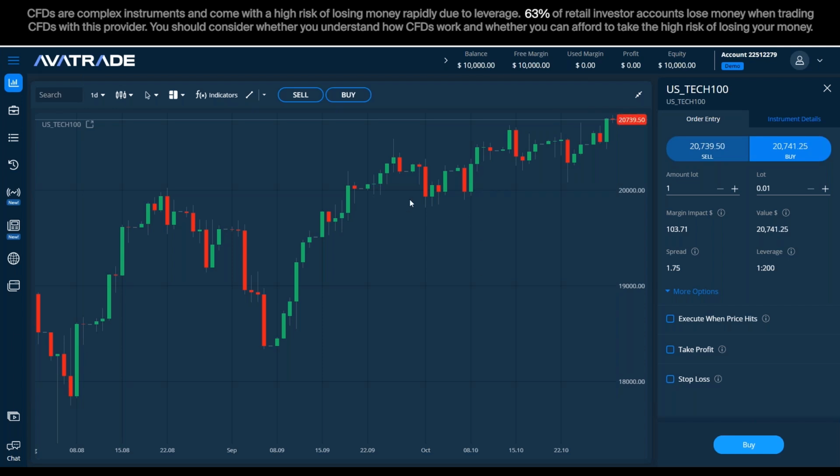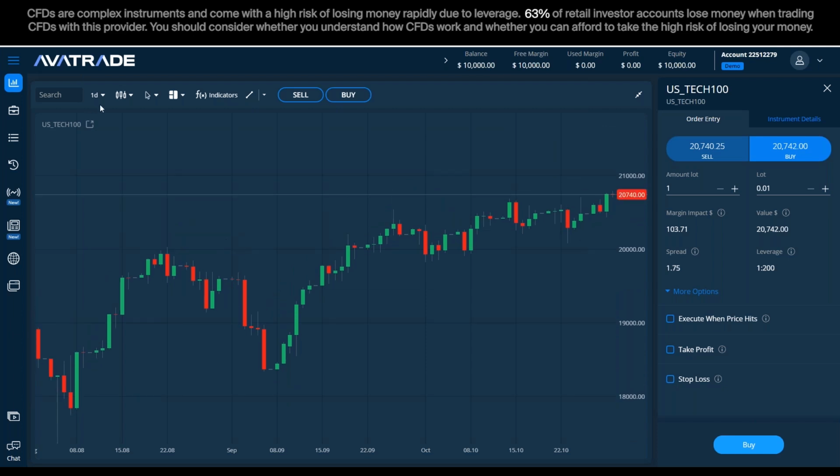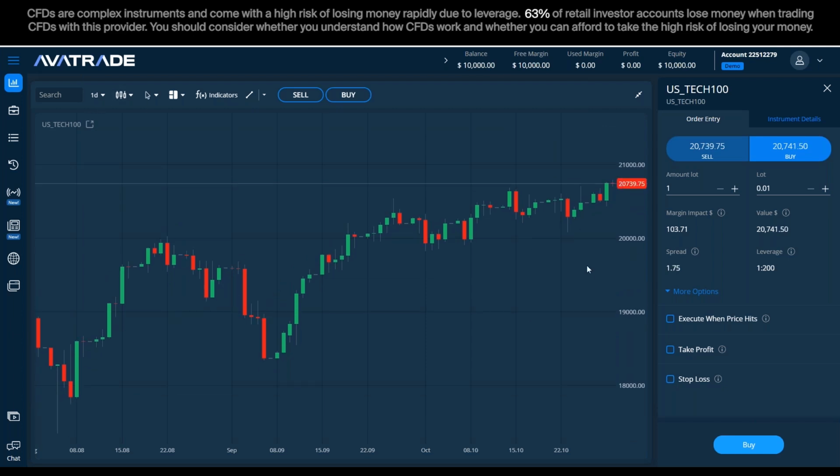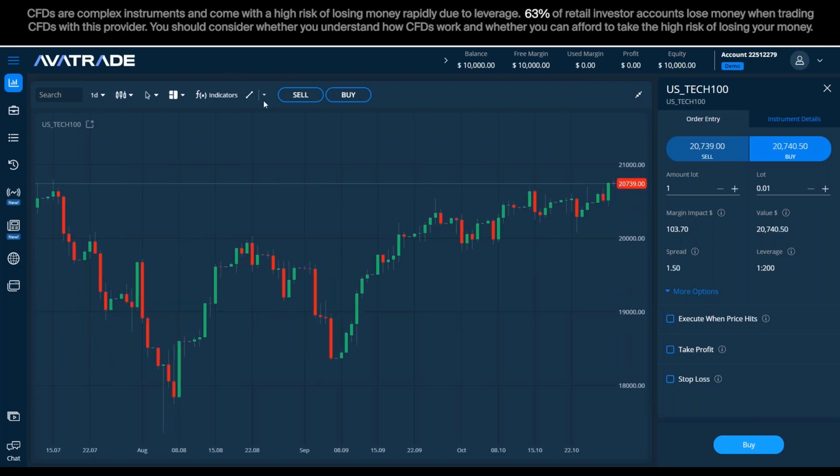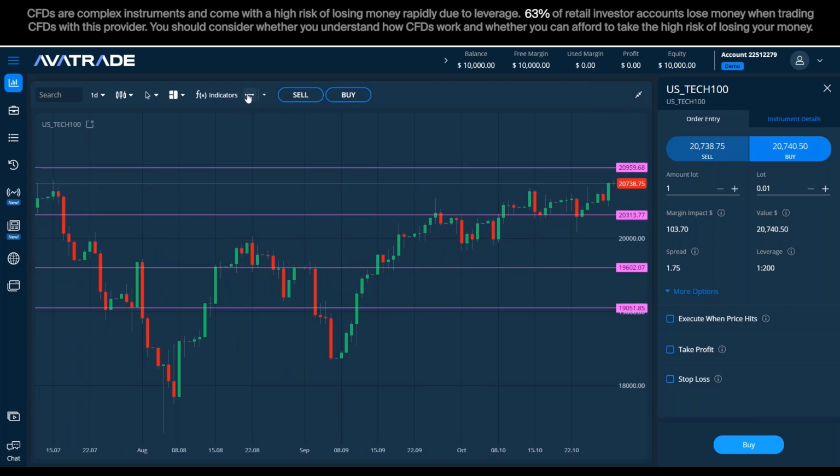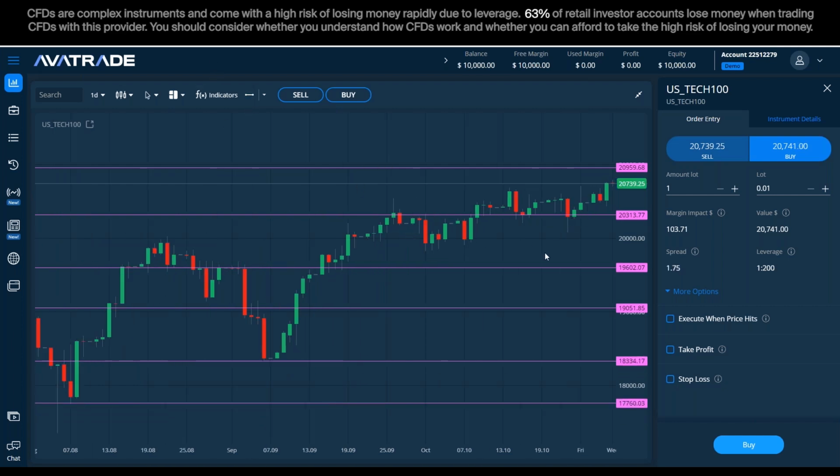So to begin with, we are looking at a bullish market here. I'm just going to do some modifications for the chart for us to see a little clearer, but this is very, very easy to do, guys, and I'm going to teach you in a minute how to also make it comfortable.